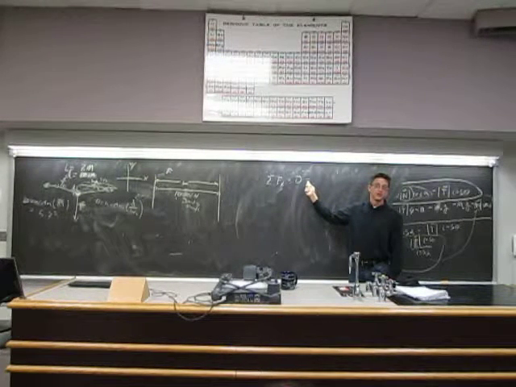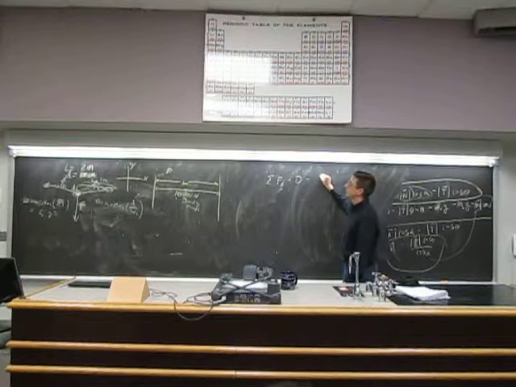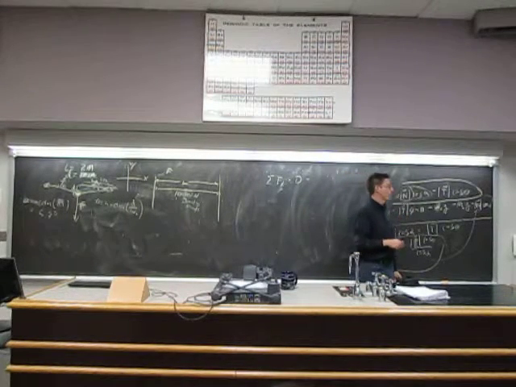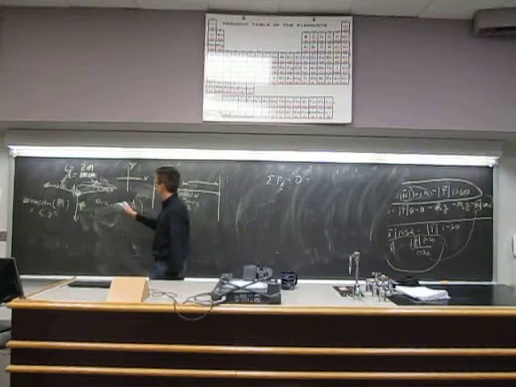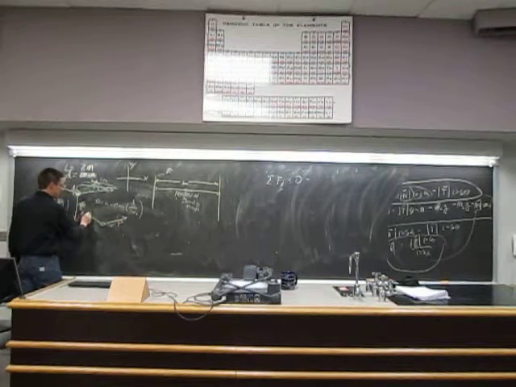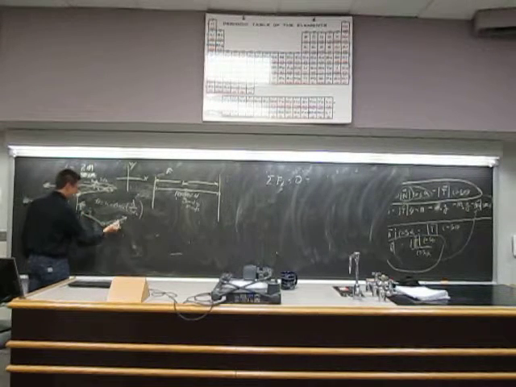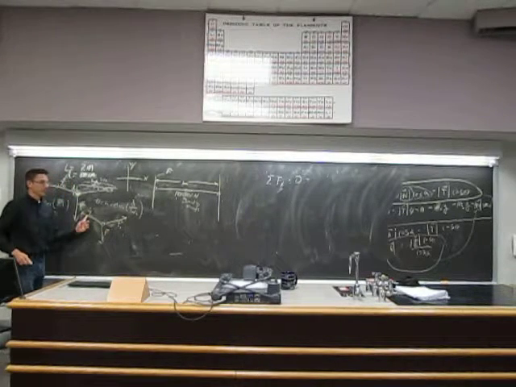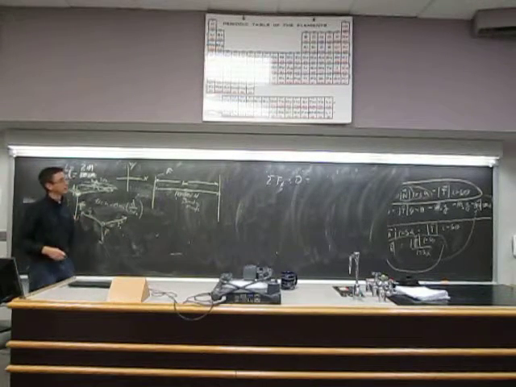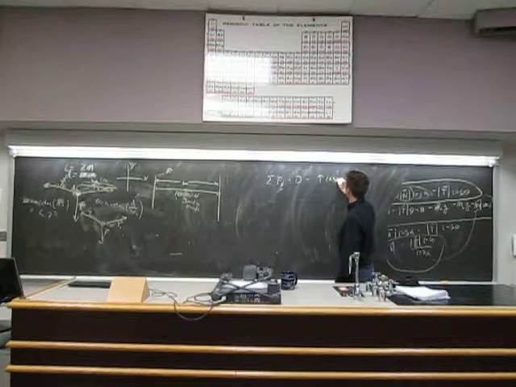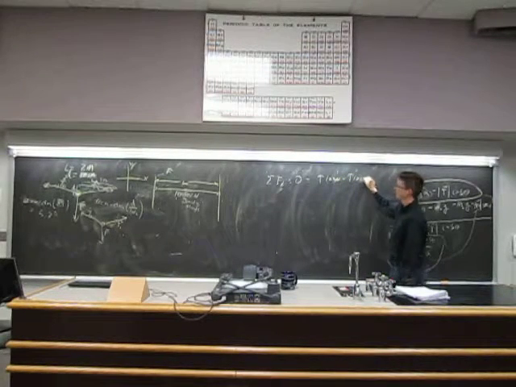I have two tensions going out from that point, T going that way, T going that way, and the force going down. So I just get T cosine of theta minus T cosine of theta, which is 0.